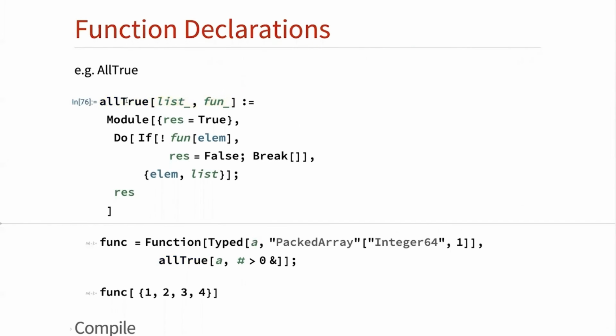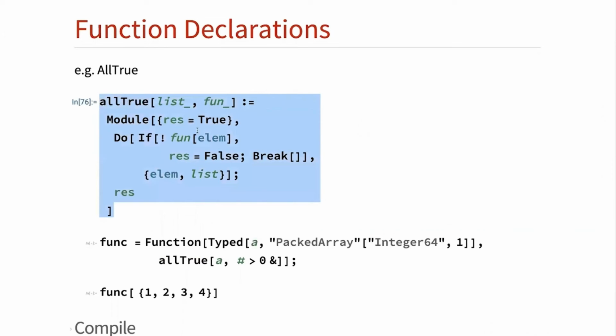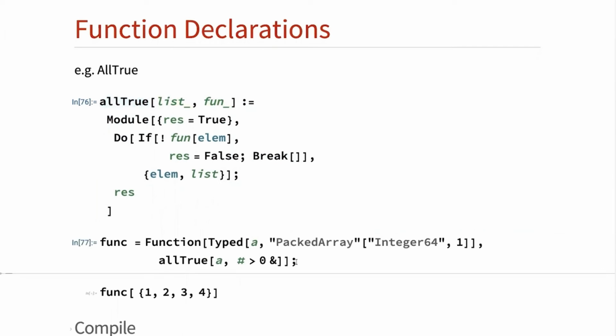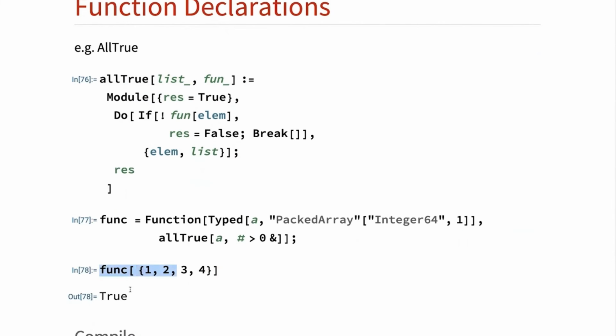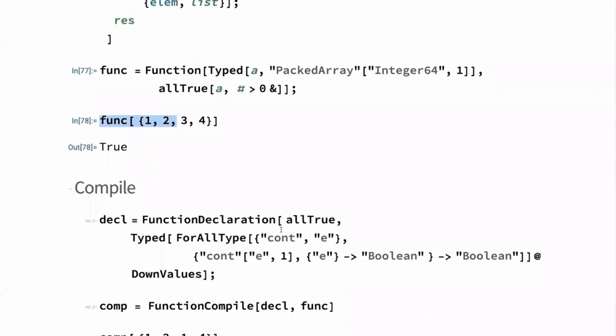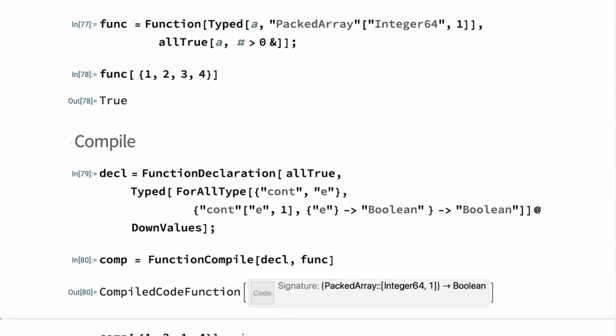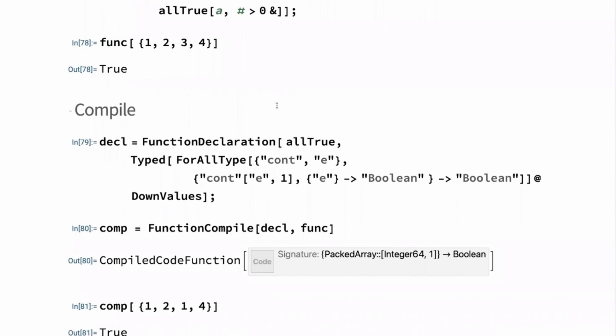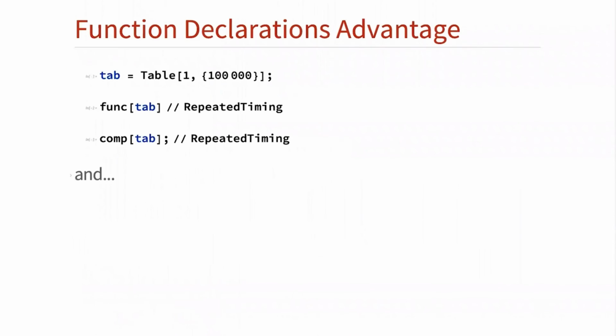I've written a function like this, a little bit like all true, and I can compile this, and that runs like that. Then I could compile this function working through the down values. So I make a declaration, and I can compile this, and it runs, which is all good.